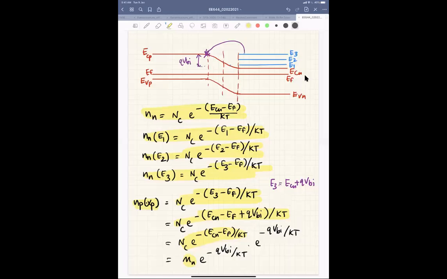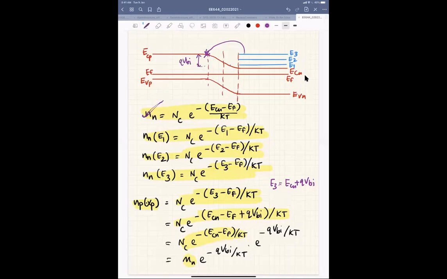And then the first term here is nothing but Nn, right? So this term here is nothing but Nn, right? Nn times e to the minus qVbi by kT. Actually, this we know, right? So basically, as you go on increasing the energy, or go to the higher energy states in the conduction band, your probability of finding an electron will exponentially reduce, and that's what this equation looks like, right?